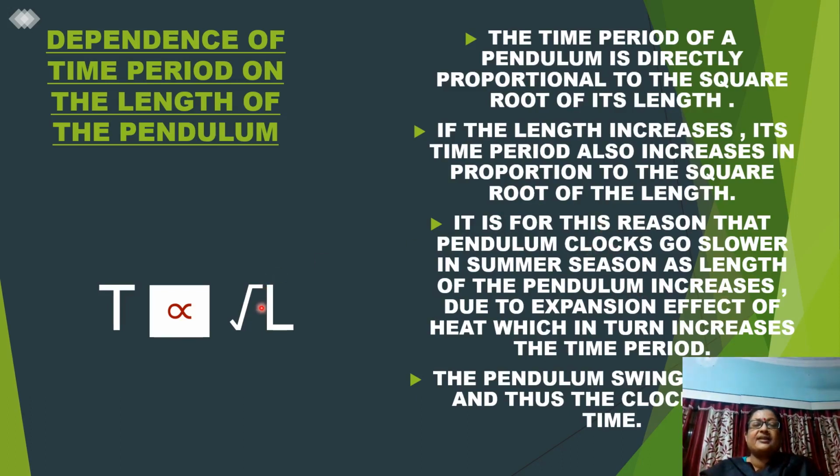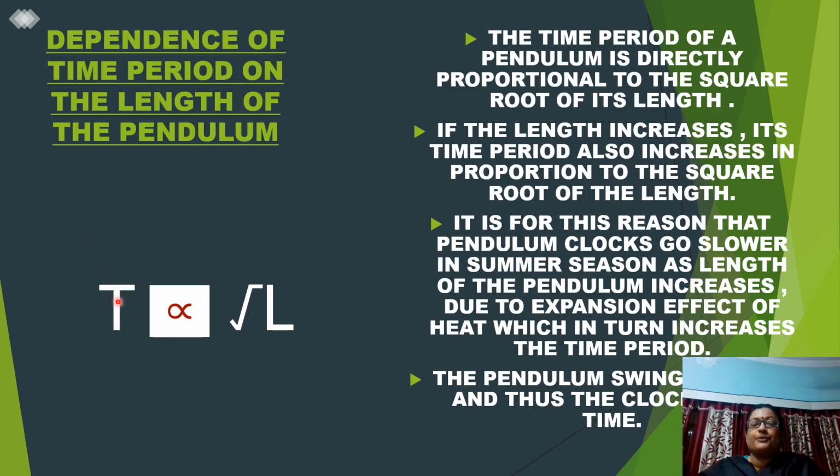What happens during the summer season in pendulum clocks is that the length is going to increase. Why is the length going to increase? Because of the effect of the heat, which causes it to expand. When it expands, what will happen to the length? It's going to increase. Now, when the length increases, what will happen to the time period?